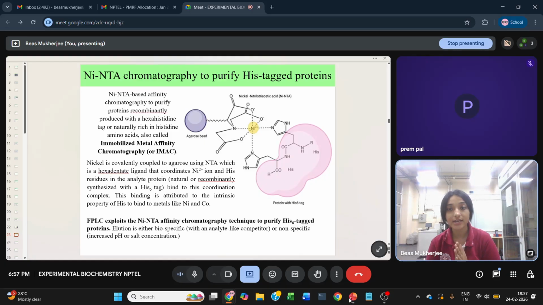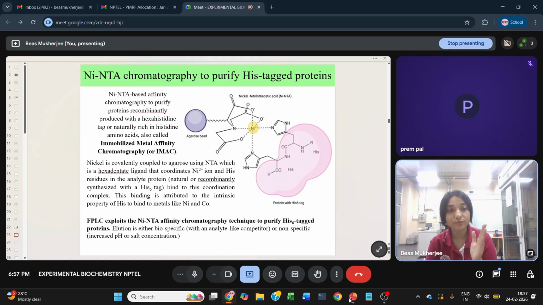Since a metal has been immobilized here, this entire technique is called IMAC, or immobilized metal affinity chromatography. Right. Now nickel is covalently coupled to agarose using NTA. NTA is an organic hexadentate ligand that coordinates Ni2+, and histidine residues in the analyte protein that is naturally or recombinantly synthesized with the His6 tag bind to this coordination complex. The binding is attributed to the intrinsic property of histidine to bind to nickel and cobalt.